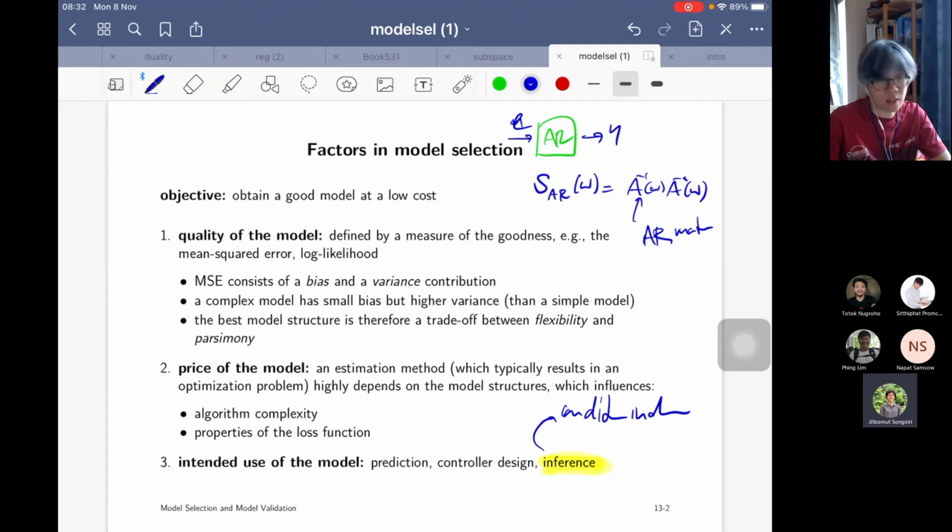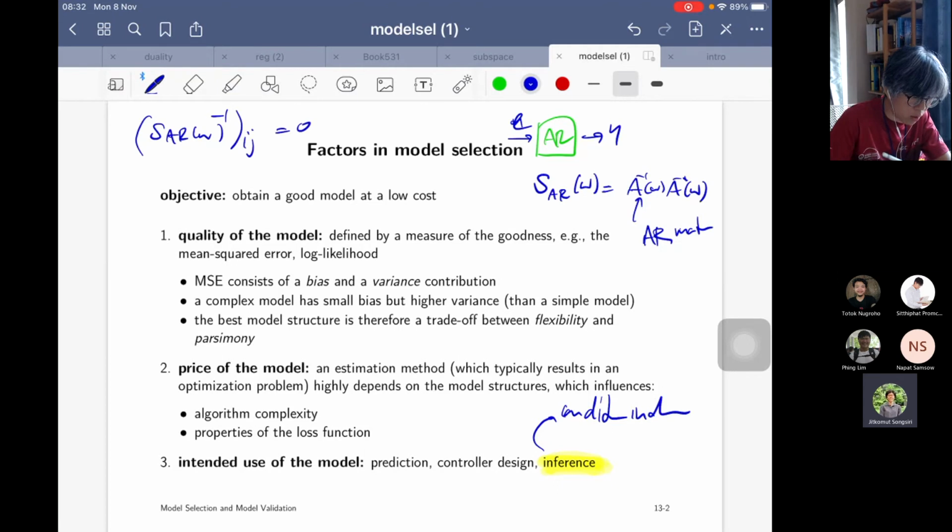This is how you can explain the relationship among the variables. For example, if the inverse spectrum at the ij location is 0, it means that the corresponding yi and yj are conditionally independent given the other components.